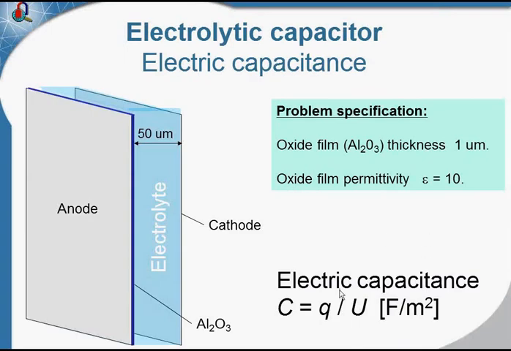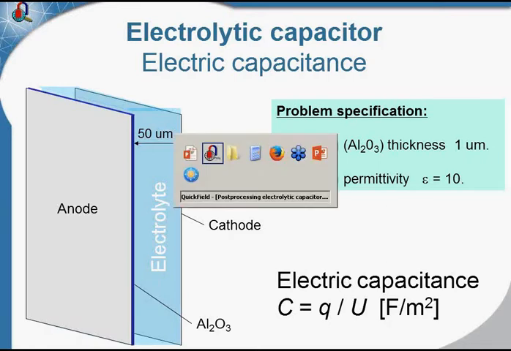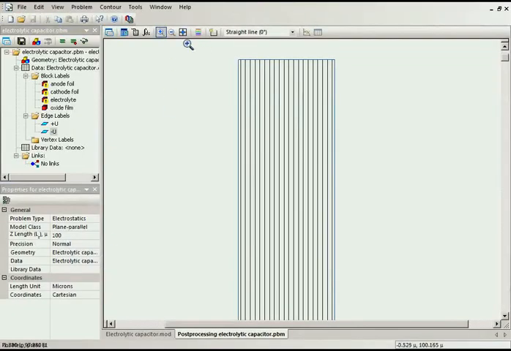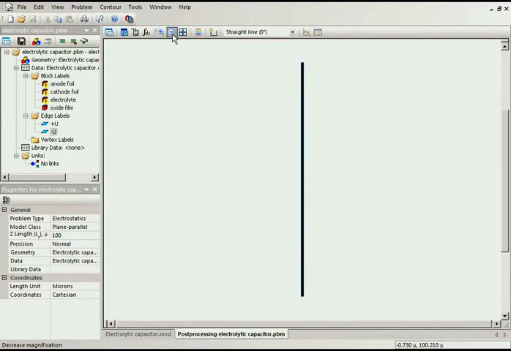Now back to our task, we need to calculate the electric capacitance. I know the potential difference as I specified the electric potential of both anode and cathode foils, and I need to calculate the electric charge. Again, to calculate the electric charge, I build the integration contour.